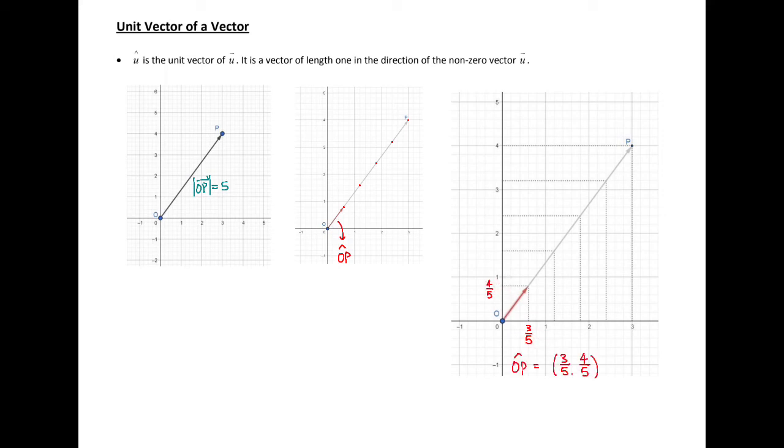So we say unit vector OP is 3/5, 4/5. Now, let's find unit vector OP algebraically. So we say unit vector OP equals to vector OP divided by the magnitude of OP, which is 3, 4 divided by 5, which is 3/5, 4/5.